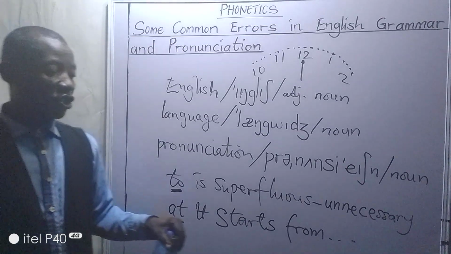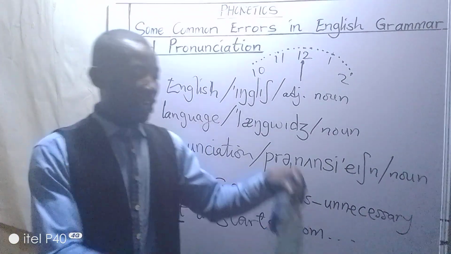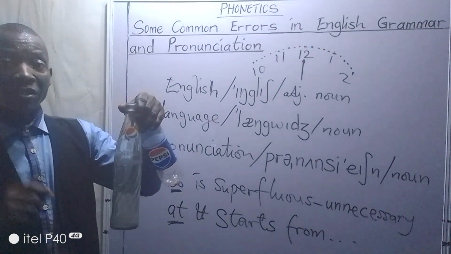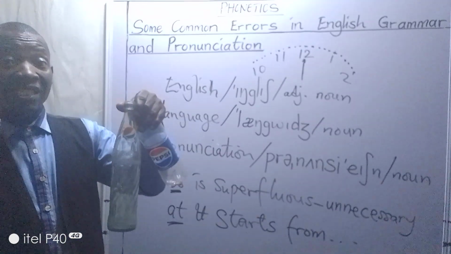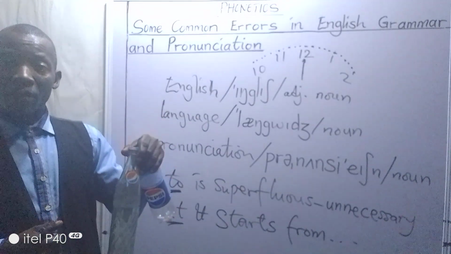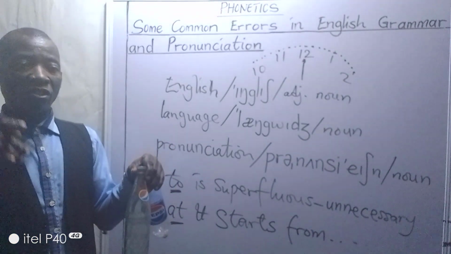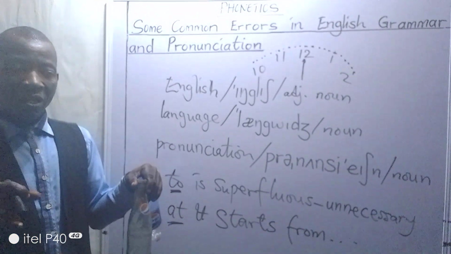Those of you in teaching science, you should know what I'm talking about. It's not only this one that is breakable. We have ceramics that are breakable. For example, the calabash, the local pot in the village. Calabash can break.